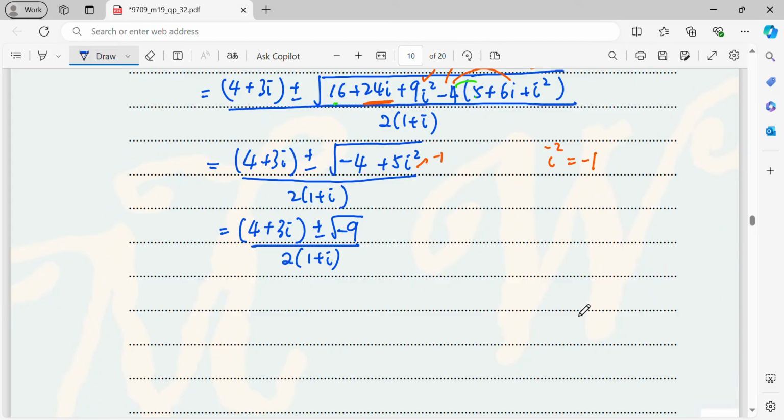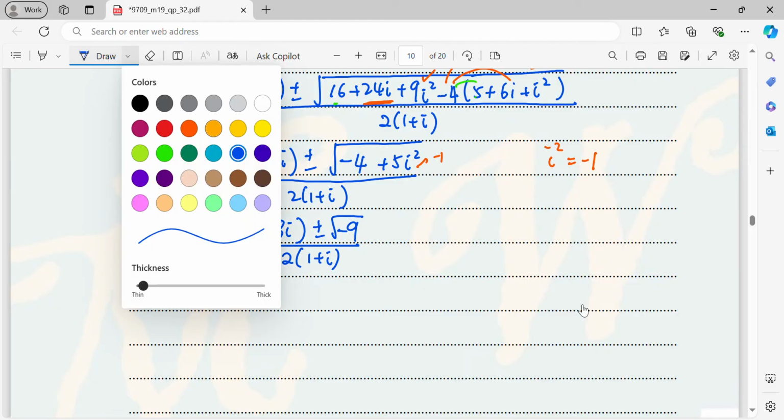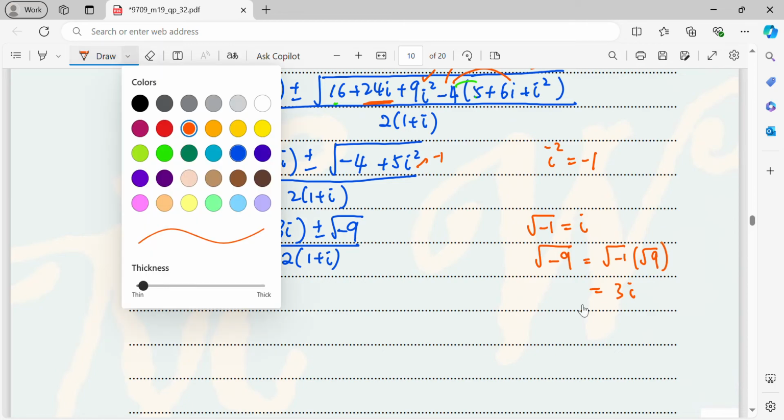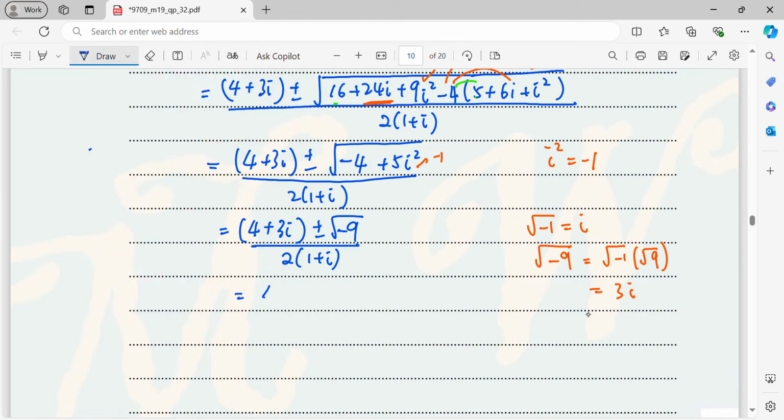Okay, square root of negative 1 is i. That means square root of minus 9 is basically square root of negative 1 times square root of 9. So square root of 9 is 3. Square root of negative 1 is i. Therefore, I'm getting 3i.